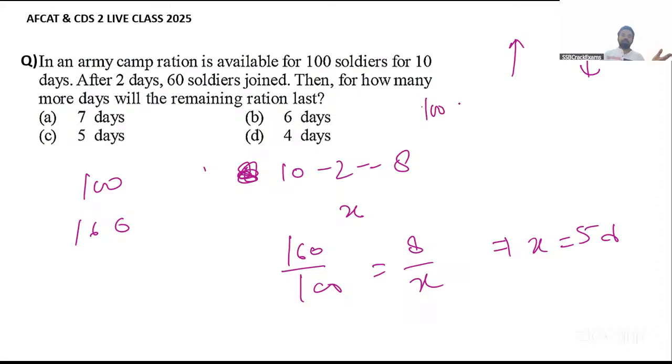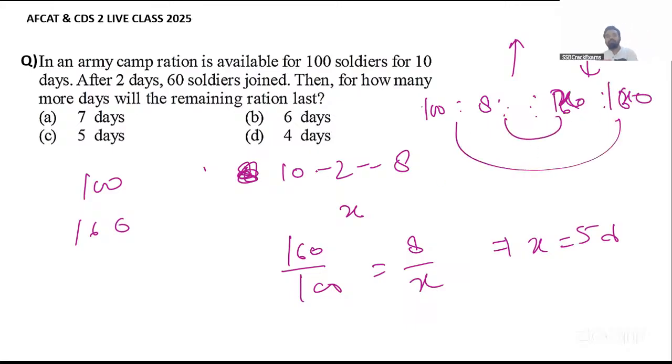So this is 100 ratio 160. 100 ratio 8 proportion 160 ratio x. Sorry, x ratio 160, not 160 ratio x. So these things are in ratio, these things are proportion. I will explain proportionality in the lecture on ratio and proportion.